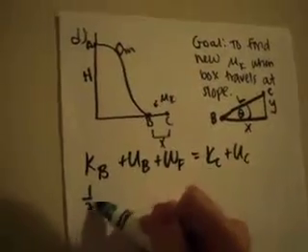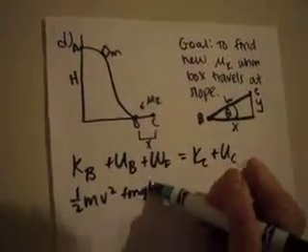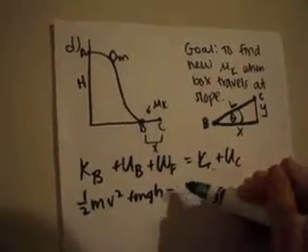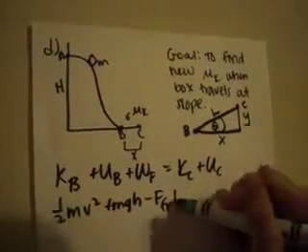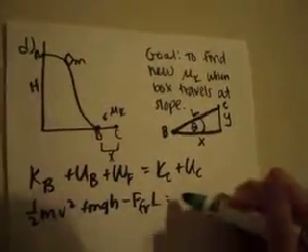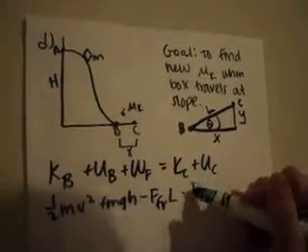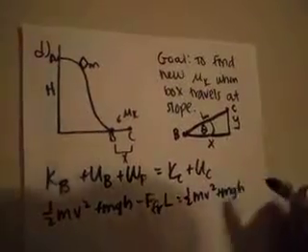So then that's going to be 1/2 mv squared plus mgh, and then minus the force of friction at the distance of L, which would be our new distance, equals 1/2 mv squared plus mgh.